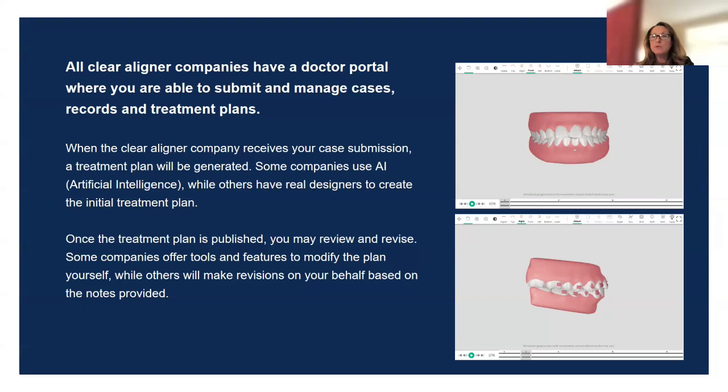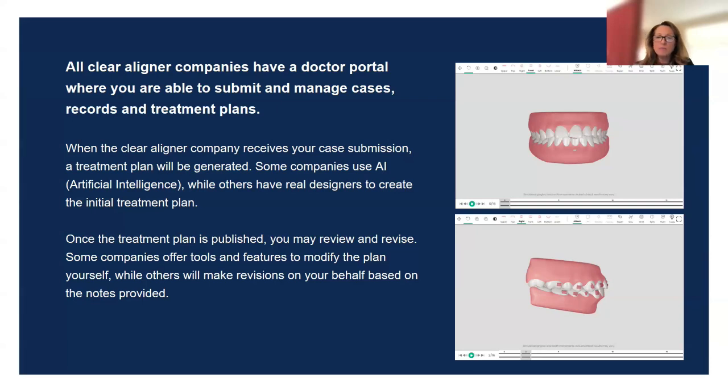Some aligner companies will allow you as the doctor to tweak it or say, yeah, I don't want an attachment on that said tooth. It'll let you place them on whichever tooth you want. There are other ones that will not let you change it yourself, but you can write to them, yeah, I don't like the attachment there.